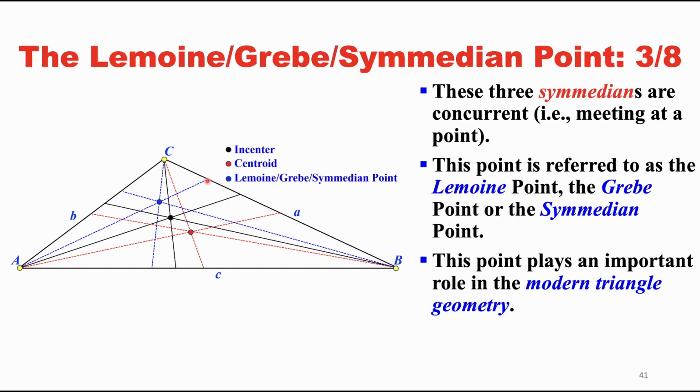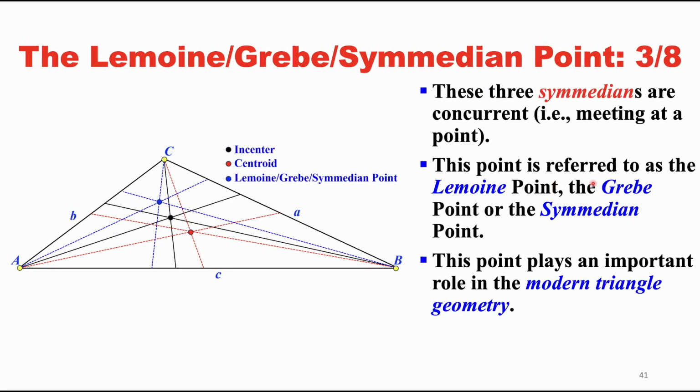This symmedian is symmetric to this median with respect to this angle bisector. This symmedian is symmetric to the median with respect to this angle bisector. These three lines are concurrent, meeting at a point here, colored in blue.